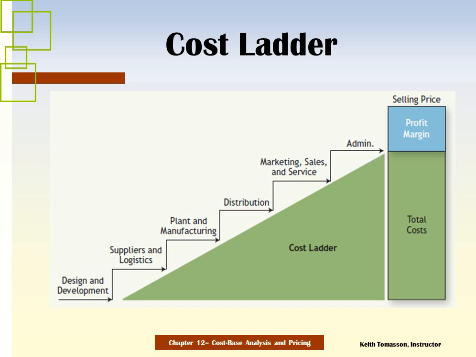And of course, to become profitable, we have to cover all of our costs, not just our variable costs, not just our fixed costs, but our total costs, plus have some room for our profit margin, which is the return for our efforts to our shareholders in determining the selling price.